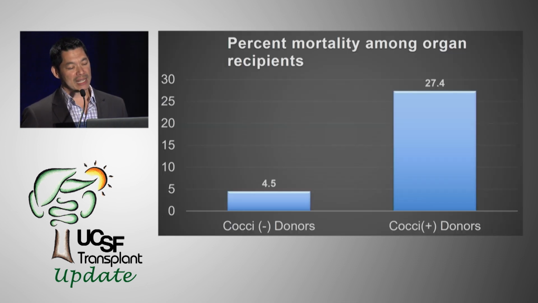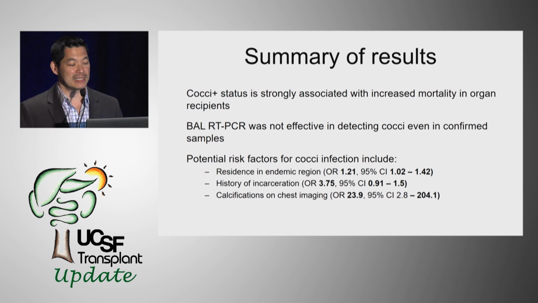This was matched to donors who weren't Cocci antibody positive. The mortality in recipients who got Cocci negative donors was about 4.5%, and the mortality in recipients of Cocci positive donors was about 27%. So there was more than a fourfold difference. The Cocci antibody status was strongly associated with increased mortality in organ recipients.